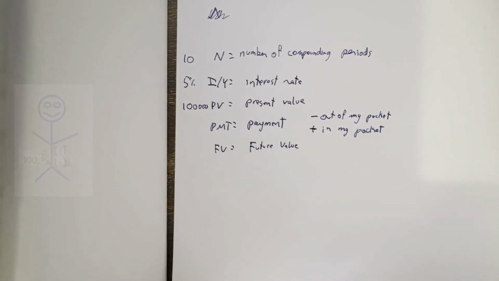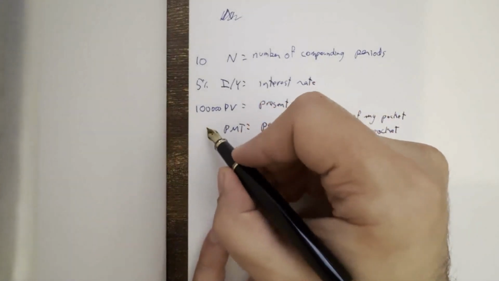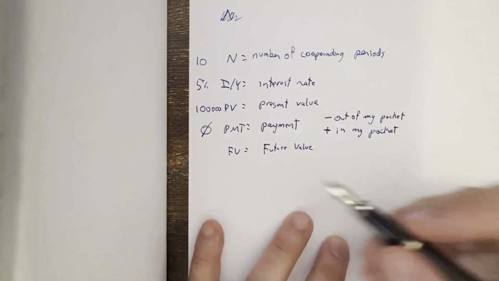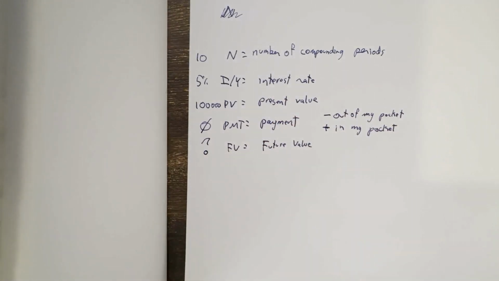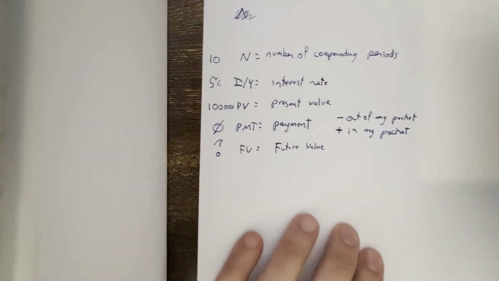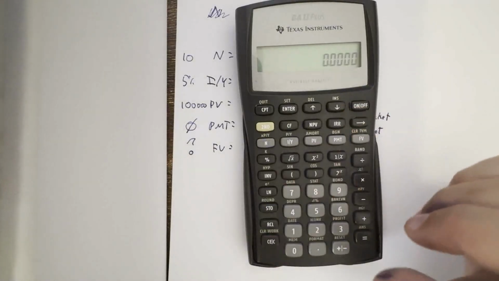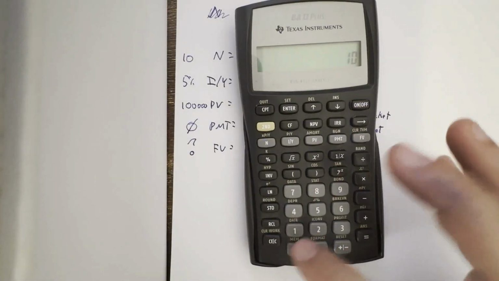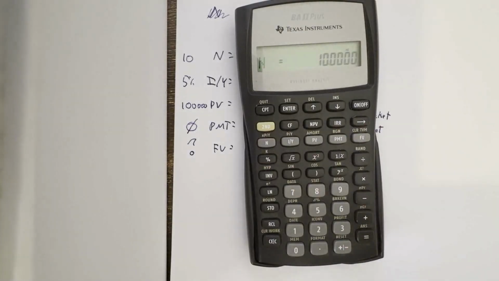So what happens is this. In our example, we're going to use payments of 0. And what we want to do is figure out the future value. We want to ask ourselves, okay, given these variables, where we have 10 years, so 10, and it's the N. We hit N. We're telling it the N is 10 years.